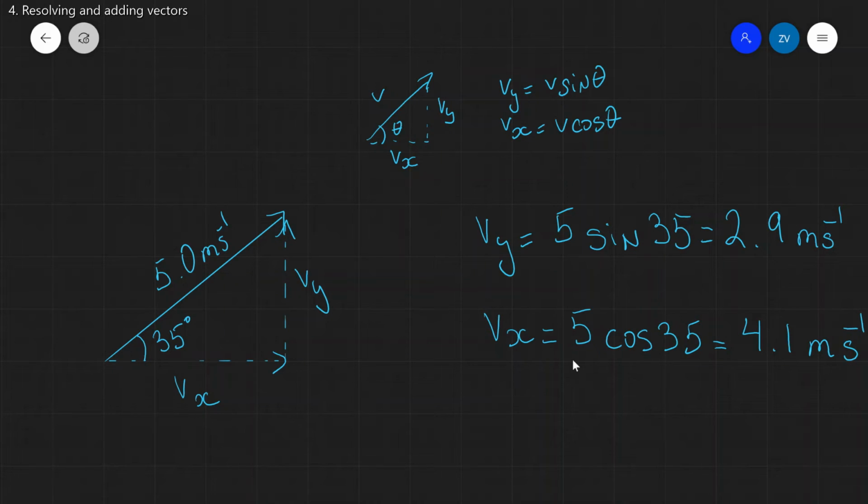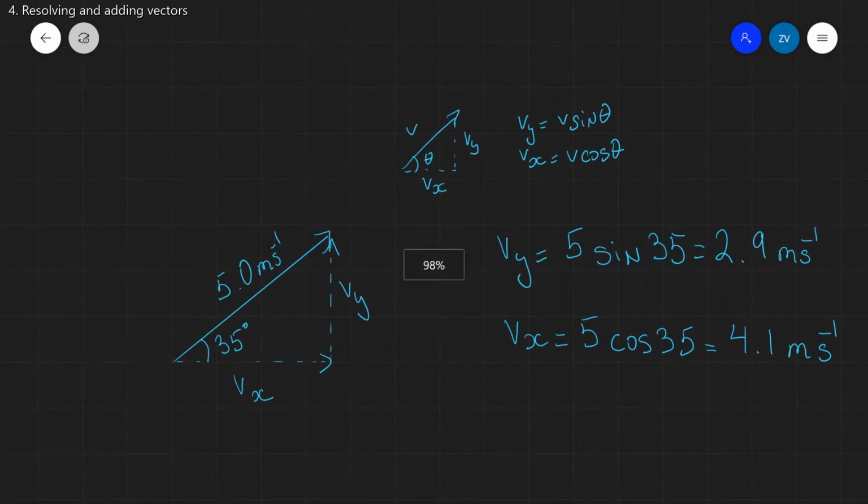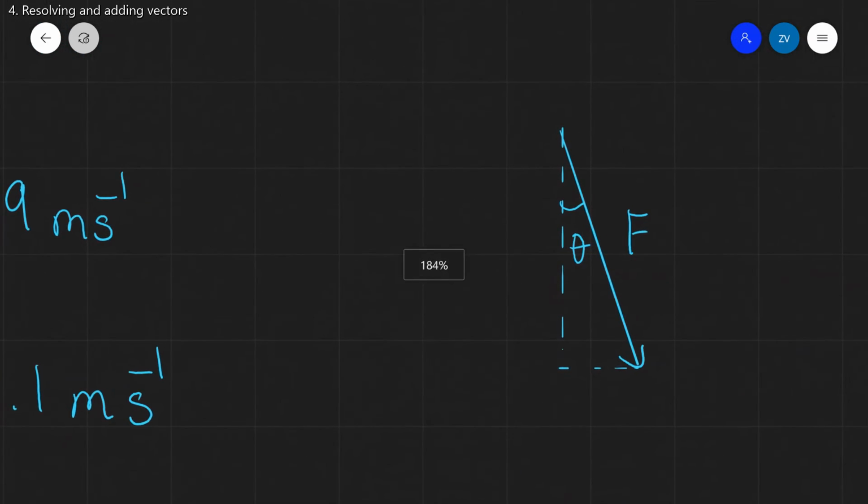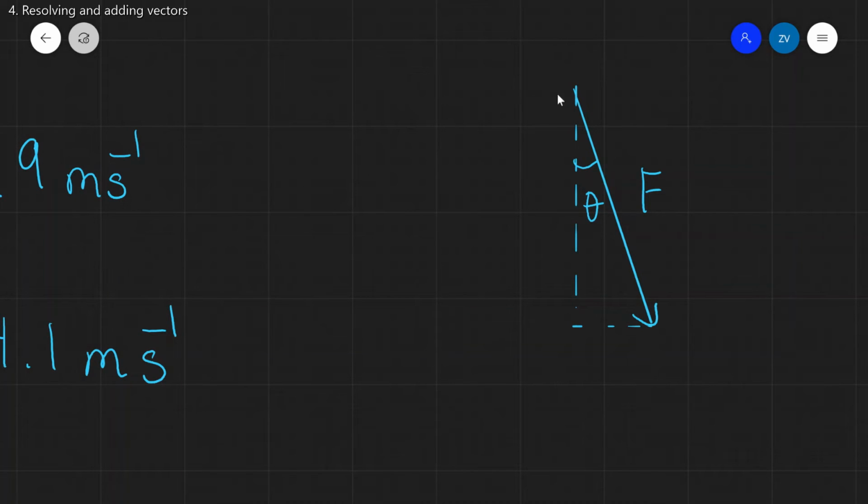Now notice that I've said that it is always the adjacent component which is the cosine, and the vertical component, or the opposite component, is found by multiplying by the sine. You could get a little trick sometimes. For instance, if you look at this vector here, you have the force which is pointing downwards, and you're given this angle here. Well, the adjacent Fy will actually be given by the cosine.